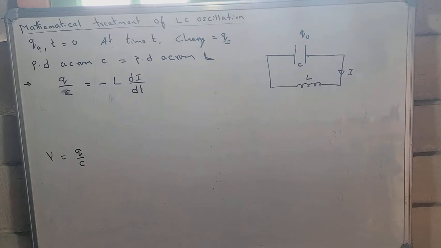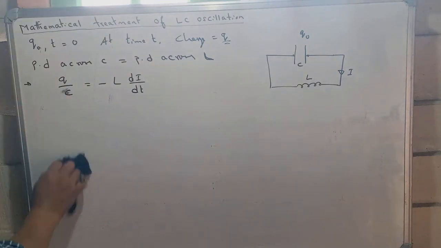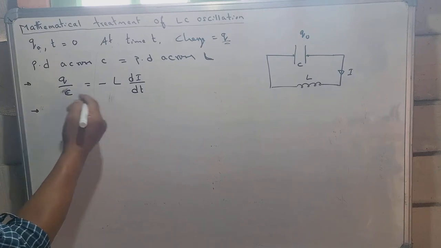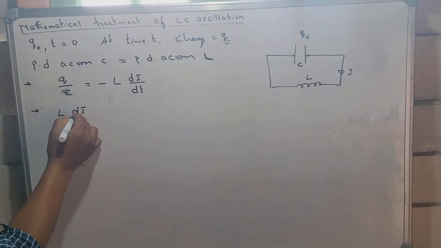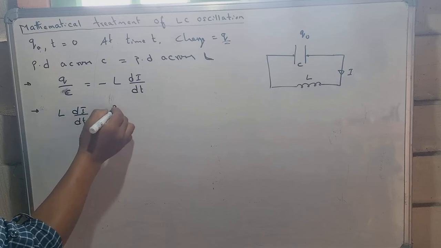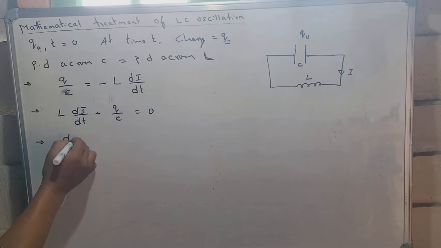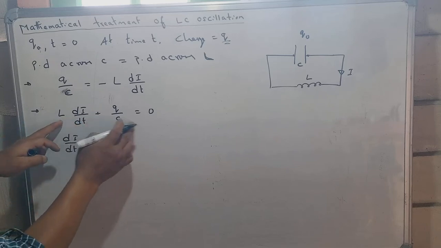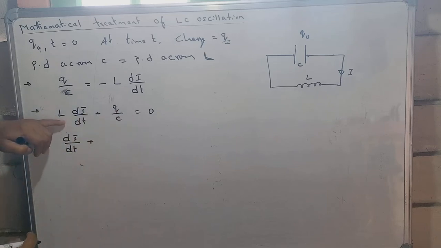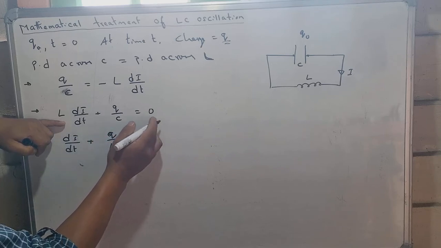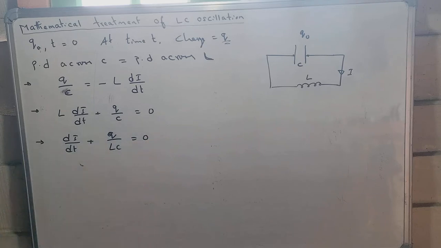So taking this to the left, you get L di upon dt plus q upon C is equal to 0. Or, if you divide both sides of the equation by L, you get di upon dt plus q upon LC is equal to 0, since the right-hand side divided by L is still 0.